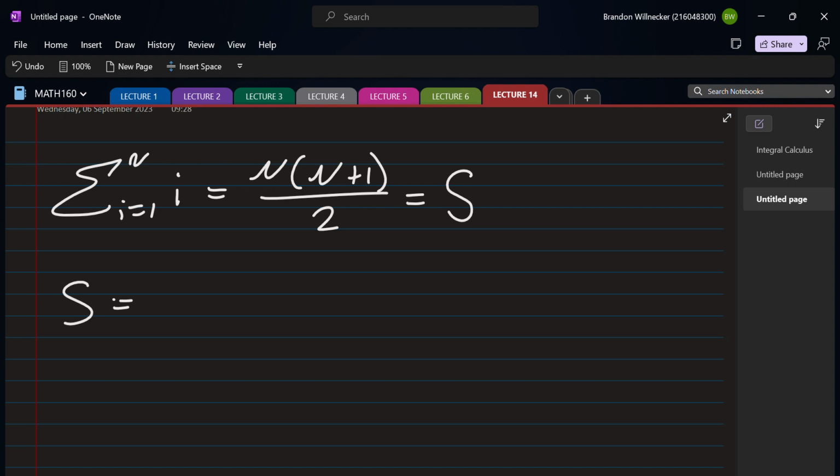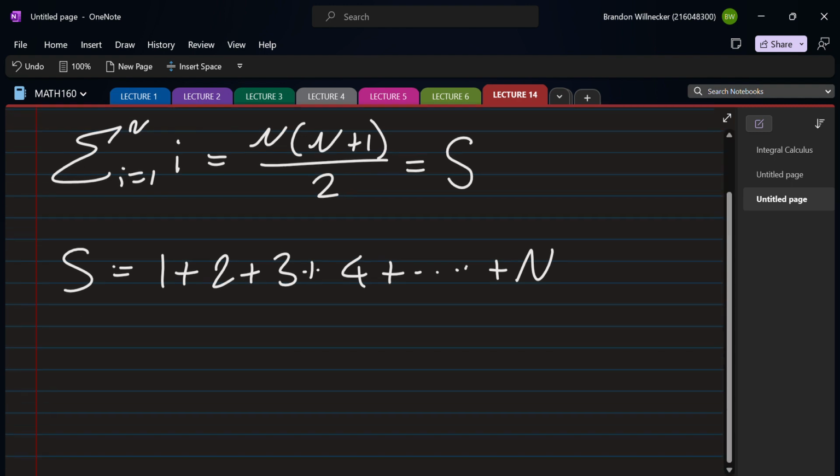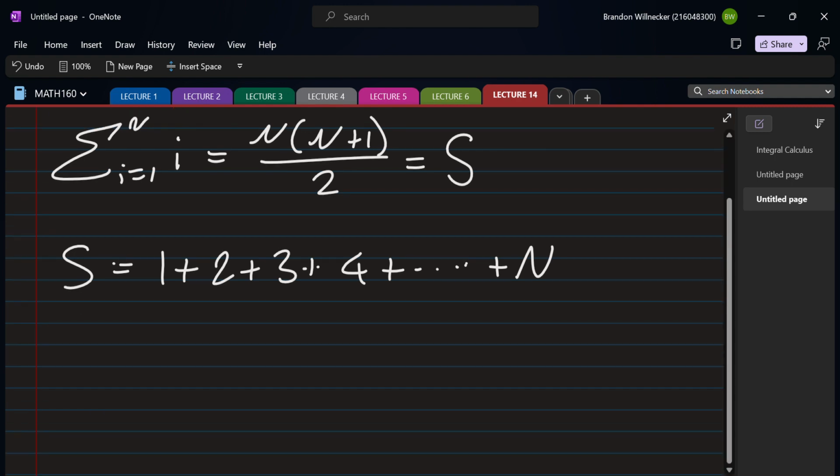So S is equal to 1 plus 2 plus 3 plus 4 plus ... plus n. Everyone should be writing this down because no one managed to answer that question. So that's the sum, and we write it from 1 up to n. What we're going to do now is rewrite it, but in the reverse order. You can have a sum going forwards or backwards, you get the same result.